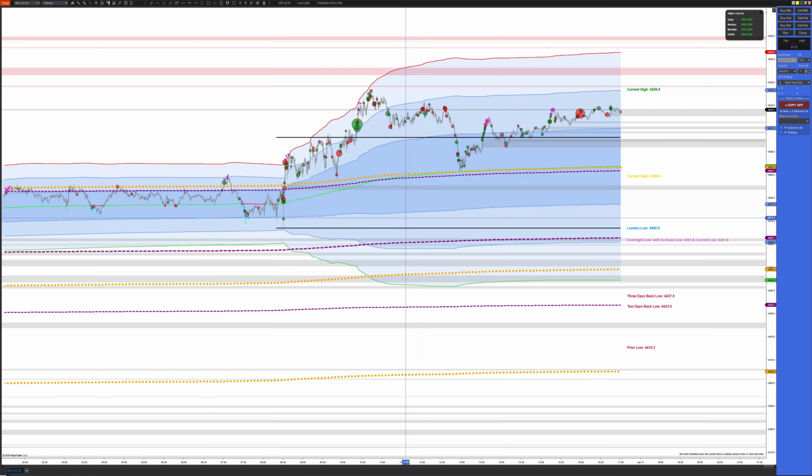So there you go. One last thing, on the top of the screen here, you've got a status window. You can look up there and without having to analyze whether you're above or below every single line on this chart, you can see that we are bullish, which means we're above the first standard deviation on the daily VWAP. We're also bullish right now, and obviously we're looking at this current price over here.